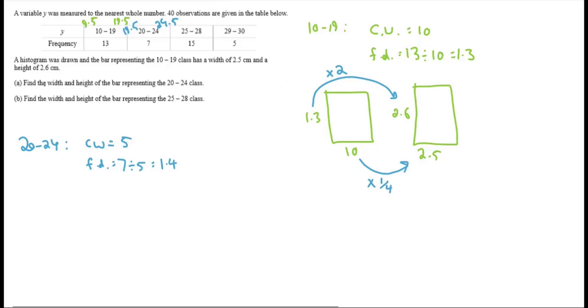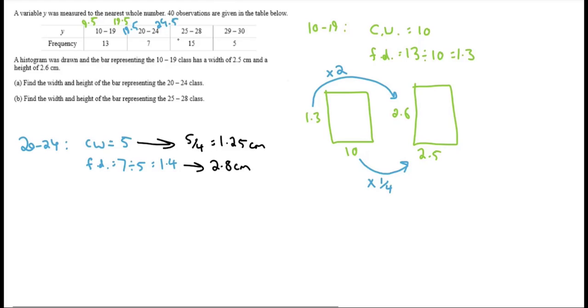To get for the actual dimensions of the bar that's drawn, however, this 5 is for the class width, which is your width. That's going to be put over a quarter, or times by a quarter. So that's going to become 5 over 4, or if you prefer 1.25 centimeters. And then this height here is going to be times by 2. So that's going to become 2.8 centimeters.